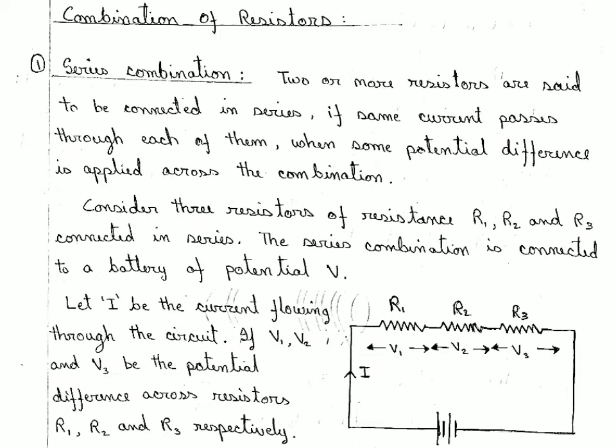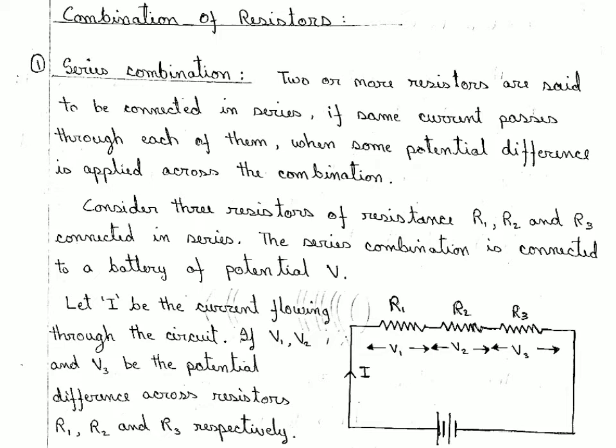But the potential difference across the resistors is different. Since the resistance is different, the potential difference, which is given by Ohm's law, V is equal to IR, will also be different.